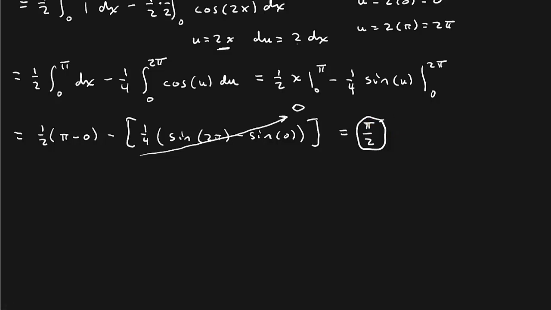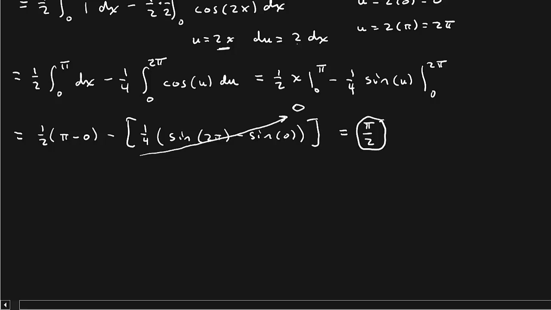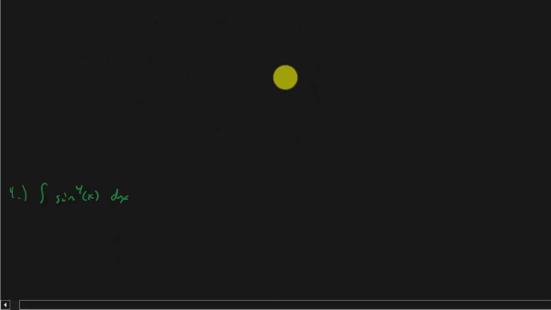All right, let's look at the next one. We've got sine to the 4th x. So the power is even, and it says to use the half angle identities.